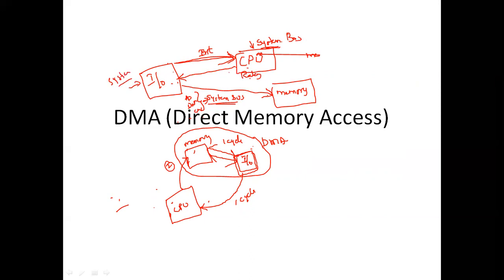Then the IO transfers the bulk amount of data to the memory unit using the address bus, data bus, and control bus. After that, it releases those buses and they are handed back to the CPU. This is the procedure of how it works.